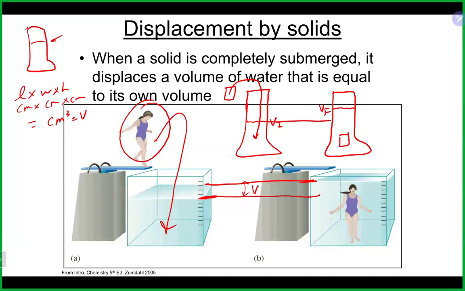And again, if you take the difference between those two, the volume of the object will equal the final volume minus the initial volume. So that is a very common way in density to figure out the volume of an object. You just toss it in some water and take a volume reading before, a volume reading after, subtract the two, and that will give you your volume. Question on that there.